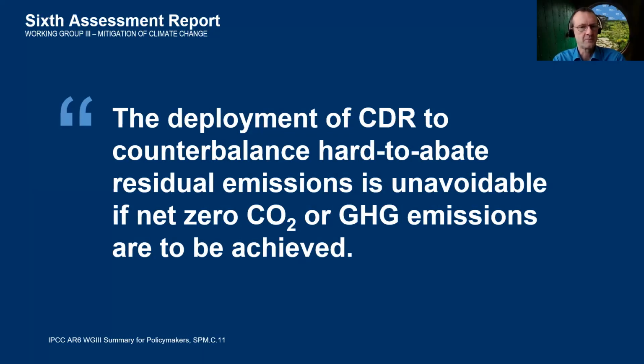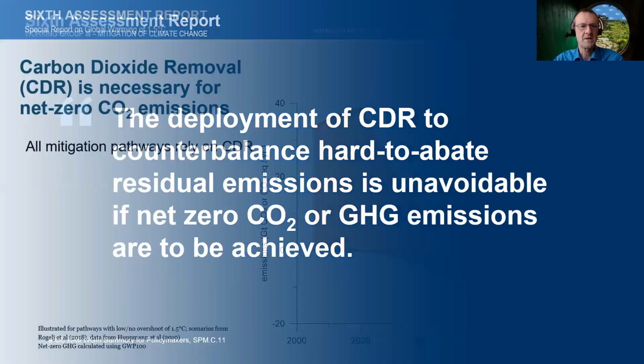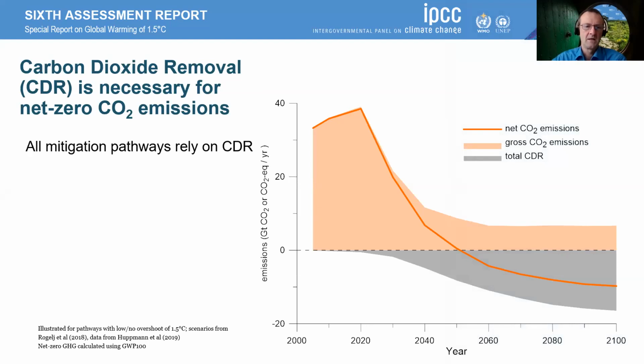And a key conclusion from Working Group 3 is that the deployment of CDR, of carbon dioxide removal, to counterbalance hard to abate residual emissions is unavoidable if net zero CO2 or greenhouse gas emissions are to be achieved. Let me just illustrate the unavoidability of that. What you see is a stylized pathway of global CO2 or greenhouse gas emissions in orange.